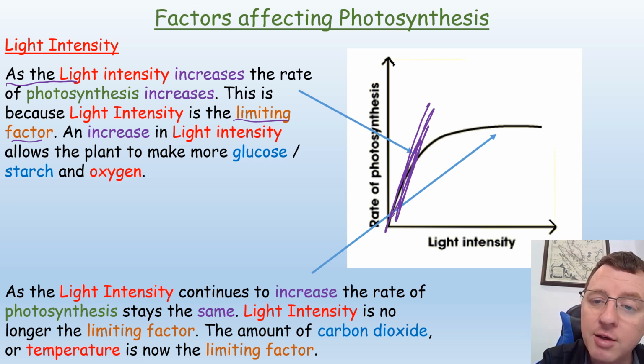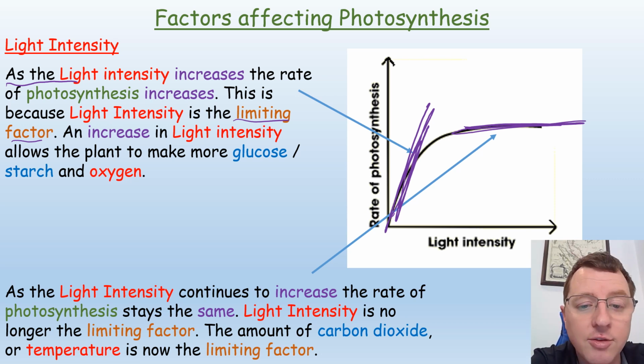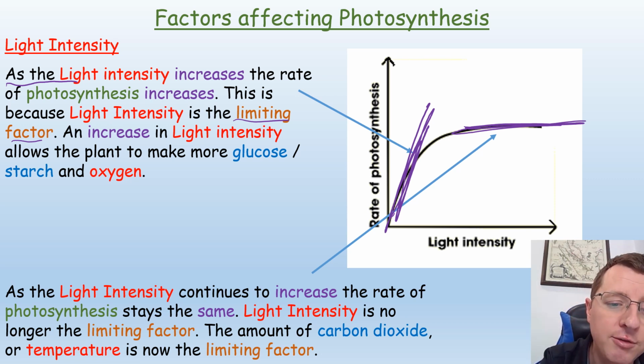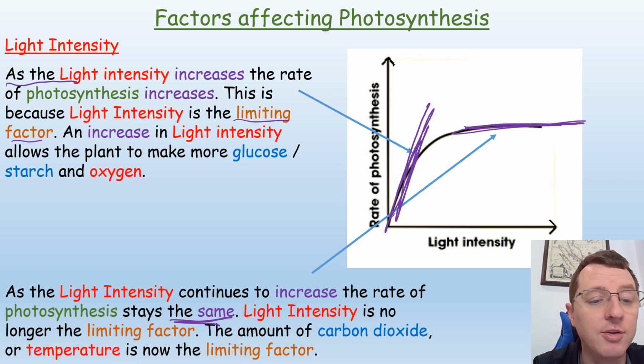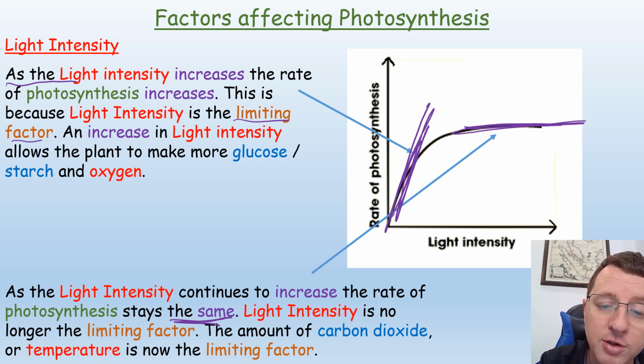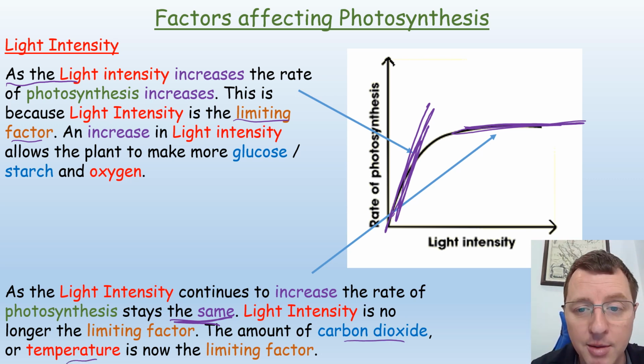Now in the second part of the graph here, as the light intensity continues to increase, the rate of photosynthesis stays the same. And this is because light intensity is no longer the limiting factor. If we want to increase the rate of photosynthesis, we have to understand that at this point in the graph, carbon dioxide or the temperature is now the limiting factor.